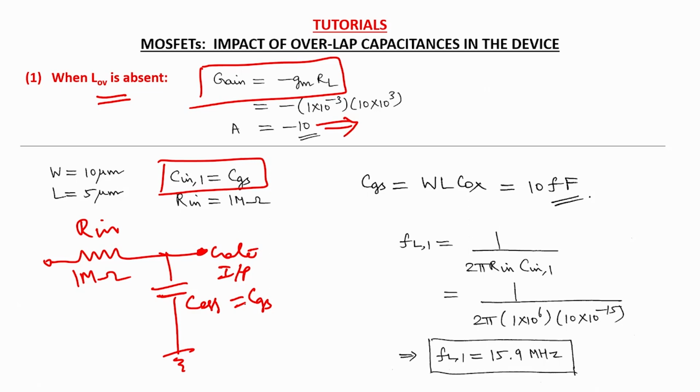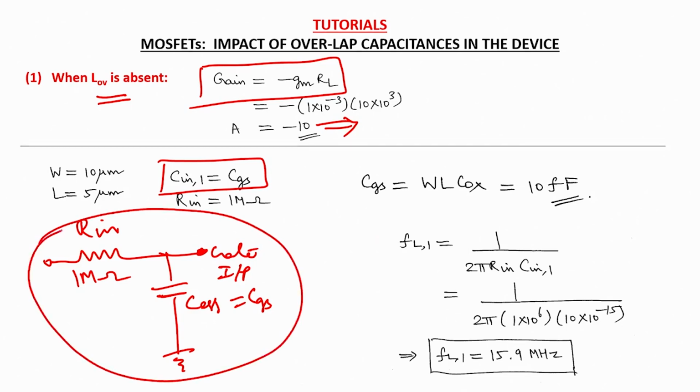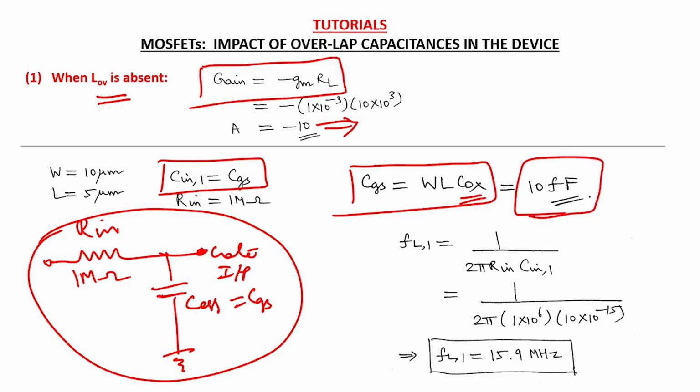Now we move on to calculate the input cutoff frequency for this amplifier, which is basically determined by this RC network at the input. You also know that the gate to source capacitance can be calculated like this: Cox is the unit area capacitance and the total CGS is nothing but W L into Cox. So when you plug in values, you can find that this is almost 10 femtofarads at the input terminal.